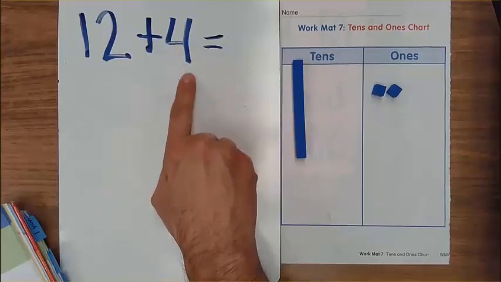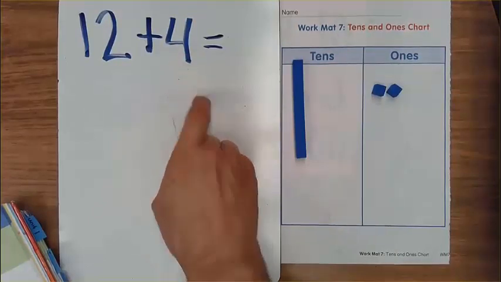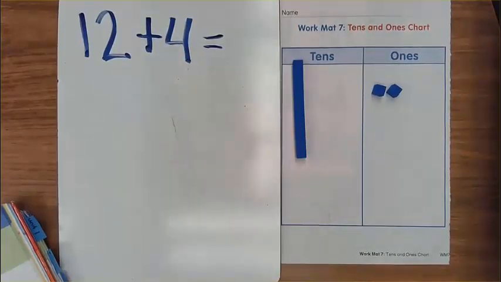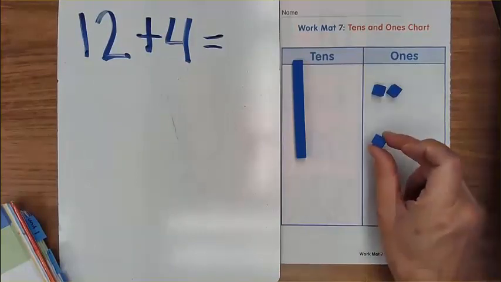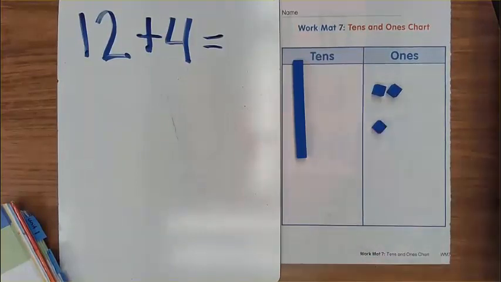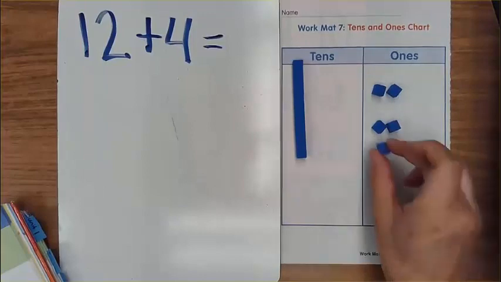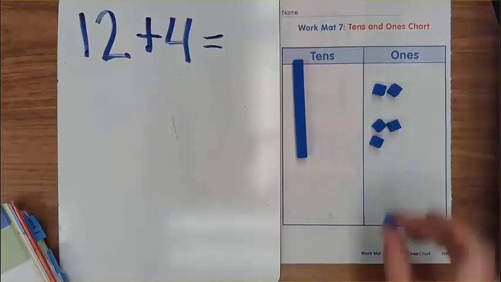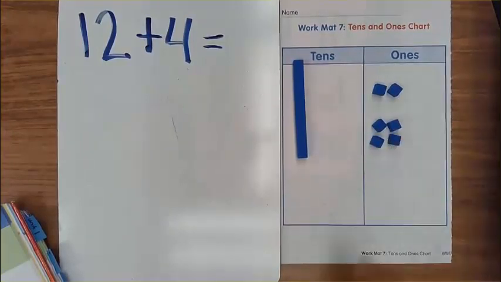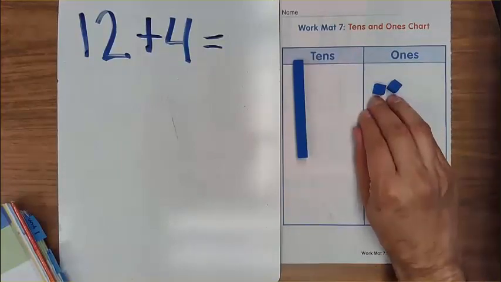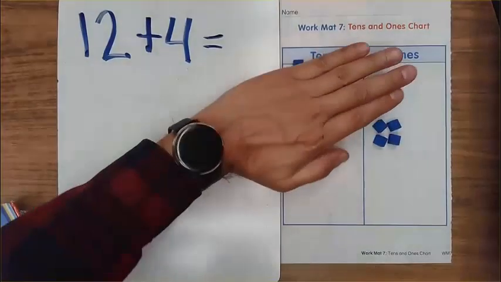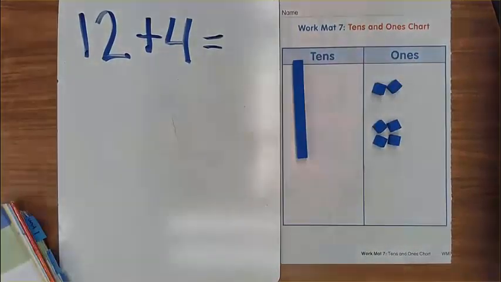That's right, it means 4 ones. So let's put that over here in our ones chart. So I'm going to add 4 ones. 1, 2, 3, 4. All right, so that was my 12, and now I have 4 ones.